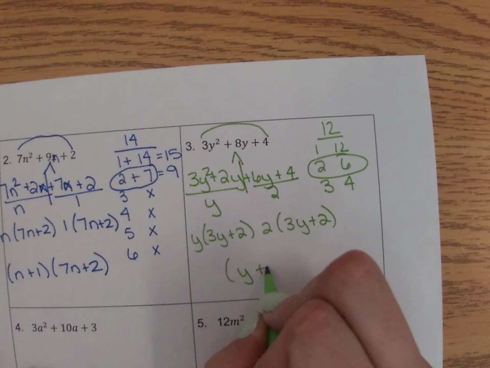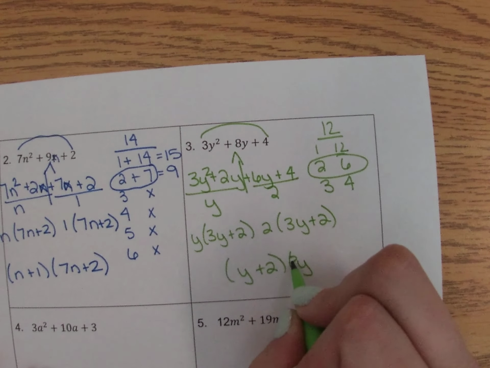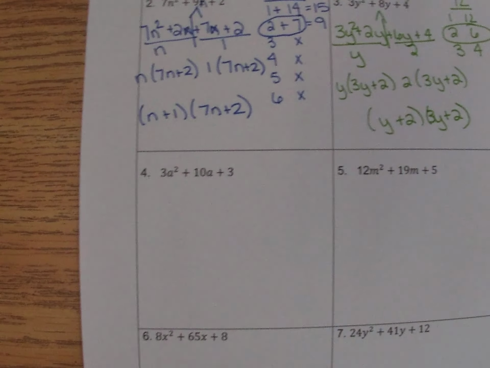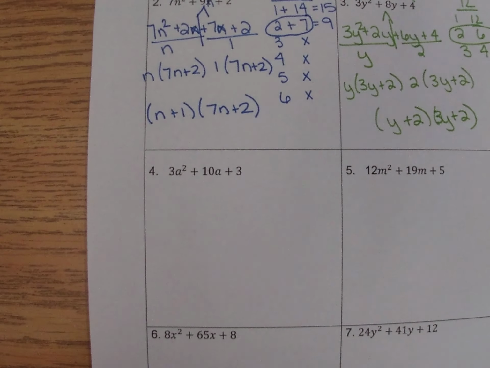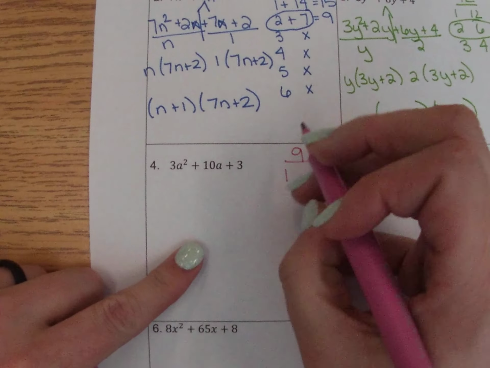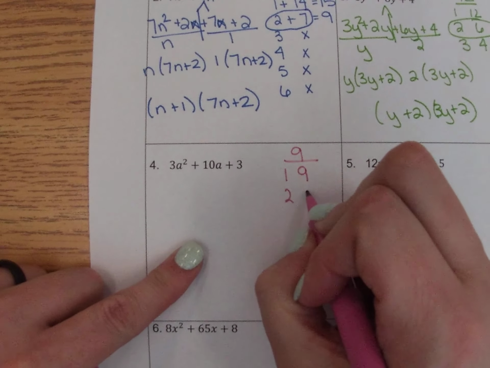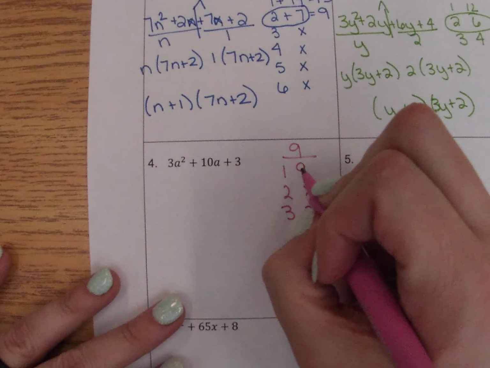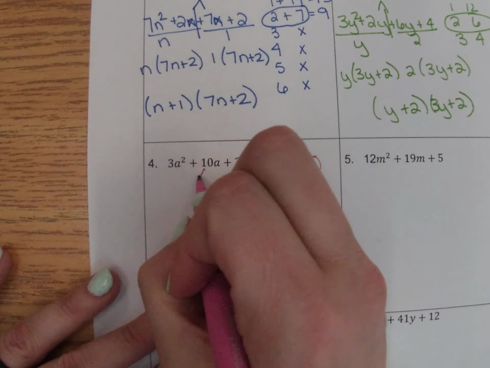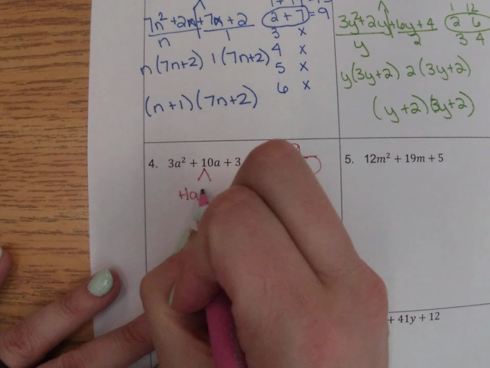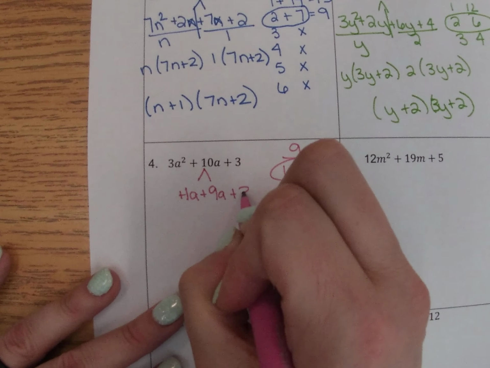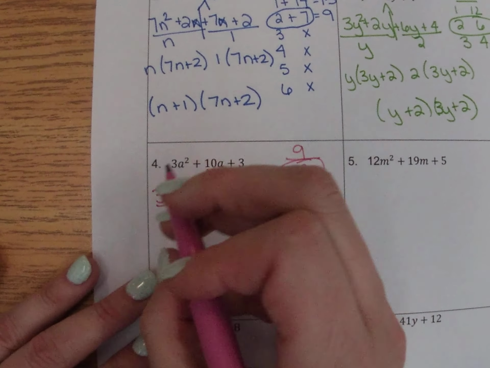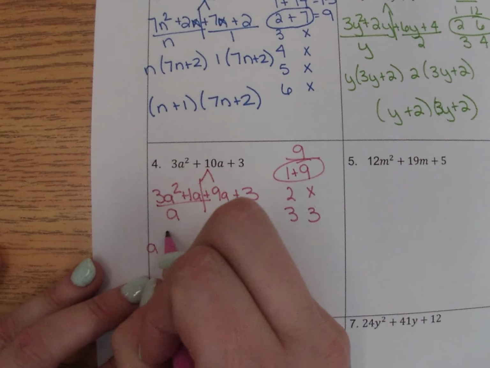And we'll get a y plus 2. Oops, and a 3y plus 2. Number 4, 3 times 3 is 9. Okay, our set that adds up to B is going to be 1 plus 9. It does not matter which order you write these middle two terms in, you'll still get the same two binomial answers.